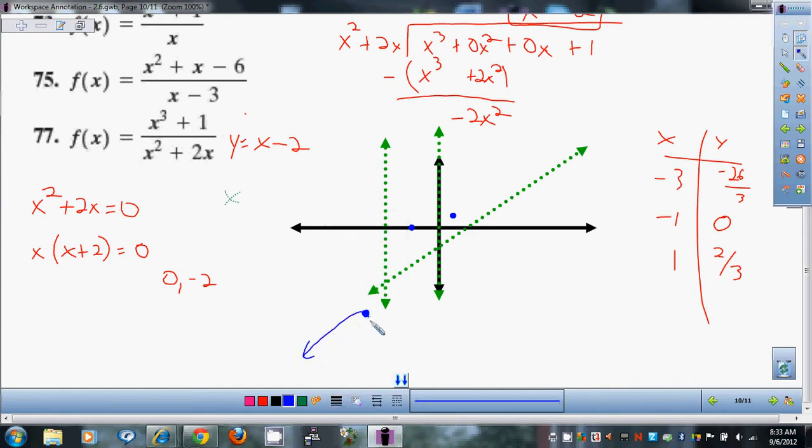That means I'm going to come in and kind of bend down. I'm above the slant asymptote up here. Something like that. And I know it's going to be above over here. All you needed to know was whether it was above or below your asymptote.